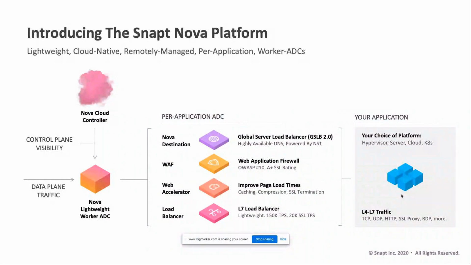That stack is comprised of a load balancer, that's layer 7. It's highly efficient in that regard, that it's all done through software. It's extremely lightweight, and it's able to process with a few gigs of RAM and a few virtual CPUs up to 100,000 transactions per second and requests per second.